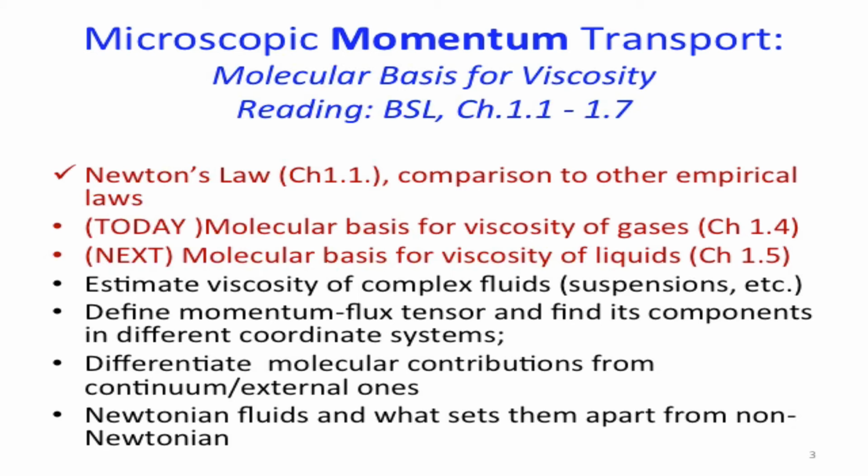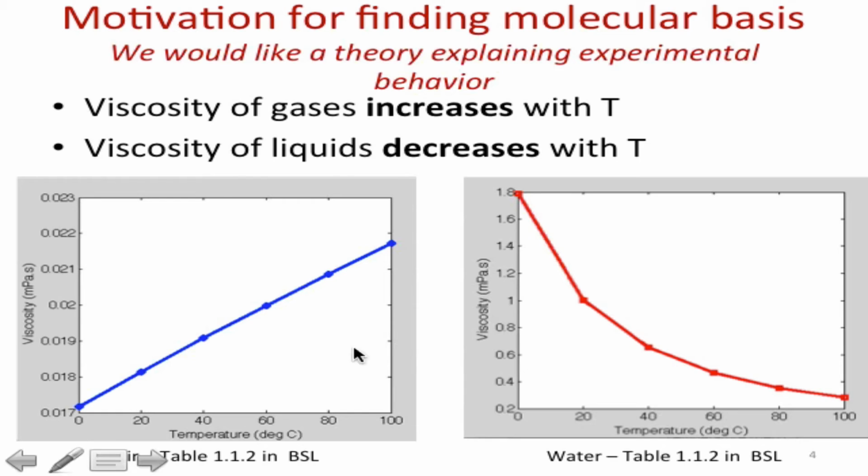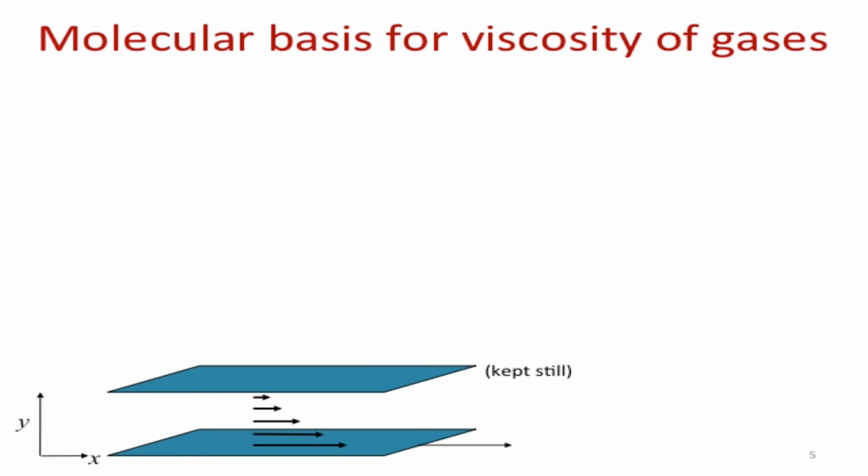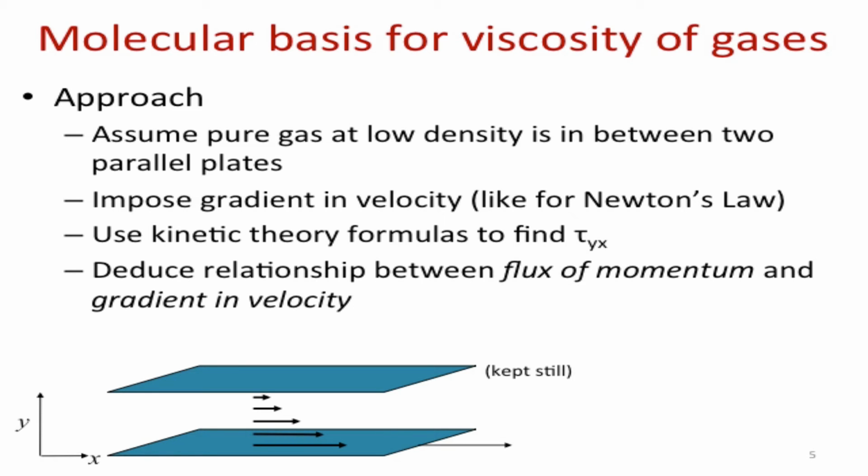So basically we will start from 1.1, and we will go to chapter 1.4 on the molecular basis for viscosity, first of gases and then of liquids. Our motivation is explaining the difference that we see, so we are looking for theories that could explain this experimental observation. We will assume that we have two parallel plates, fitting ourselves into our Newton's law situation, and we will impose a gradient in velocity.